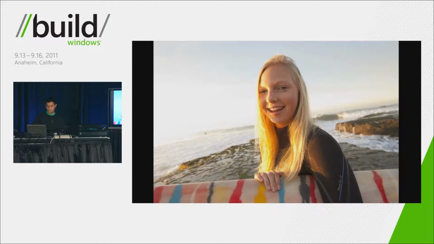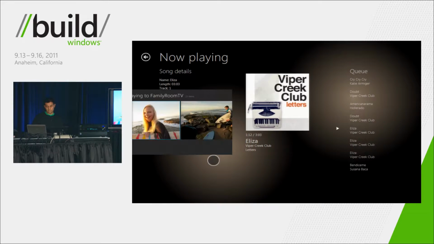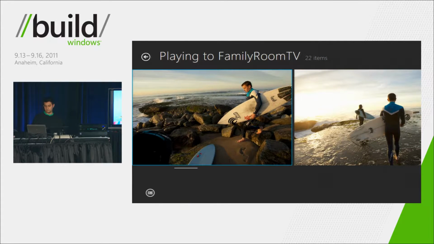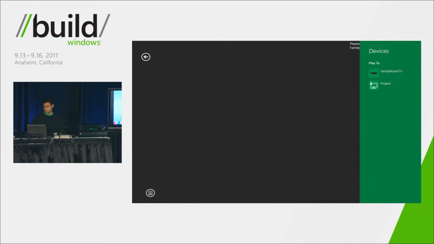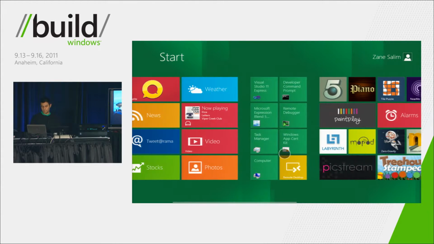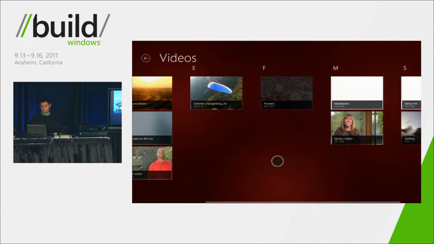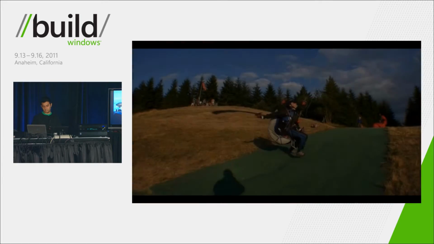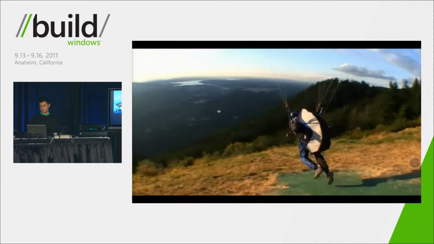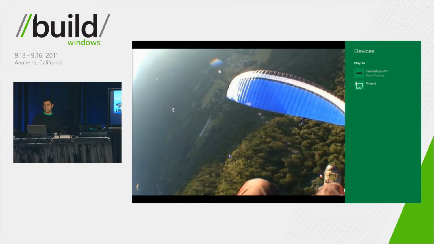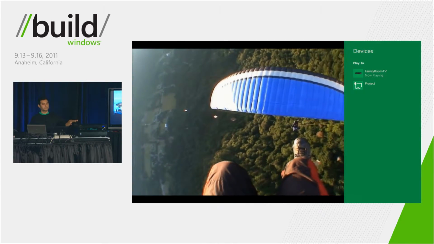So let's look at some videos now that we've seen music and photos. Let's disconnect that. Let me go into my video app. I've got a couple of HD videos here. Let me select the paragliding one. Now I swipe in my charms, select device, and you notice I don't see the audio receiver.